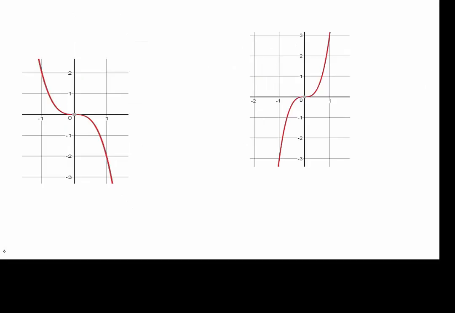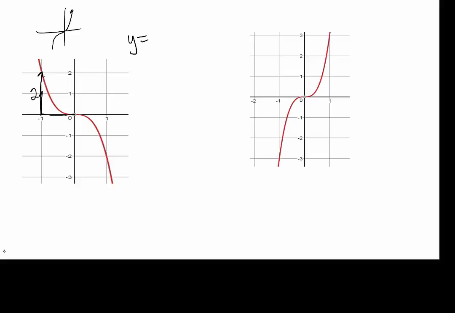This is a cubic. And you can see a cubic is supposed to go over 1, up 1, but it has been stretched. A cubic is also supposed to go down on the left and up on the right. This one has been flipped, and it has a stretch factor of 2. There's no shift. The center of the cubic is at 0, 0.